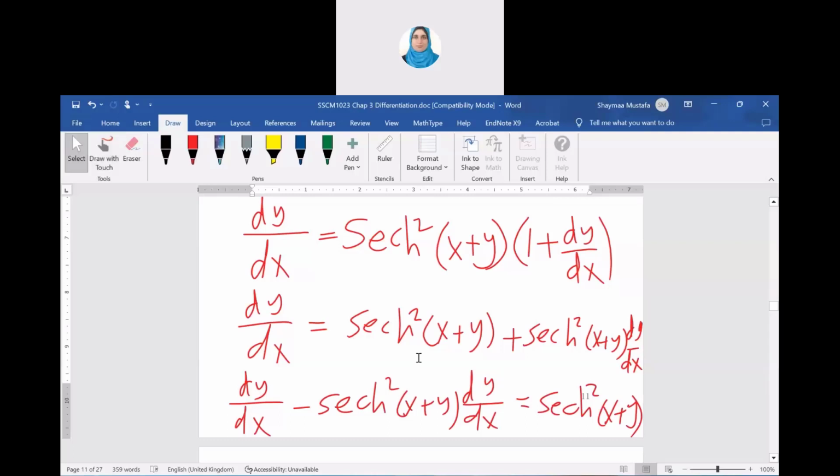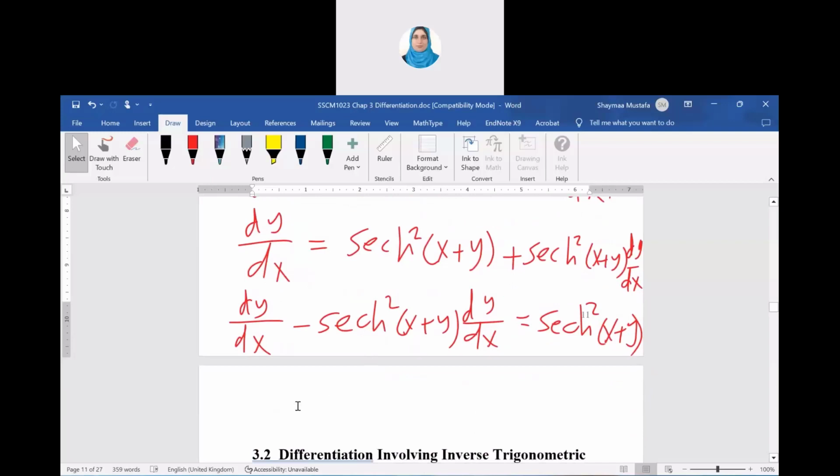I keep this one only here on the right side, and the other side includes the terms that have dy over dx.